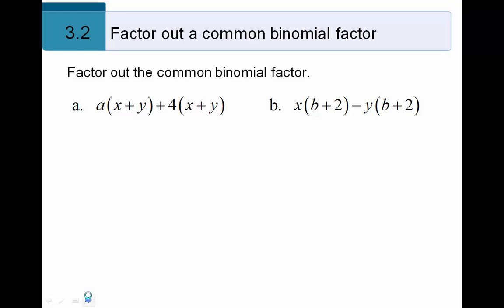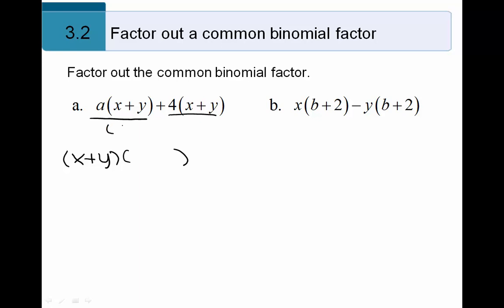So let's factor out the common binomial factor in these two examples. Our first term is a multiplied by x plus y plus 4 multiplied by x plus y. So you can see that our common binomial factor is x plus y. We're going to pull it out, x plus y. So we know the factor x plus y times some other factor equaled this whole thing to begin with.